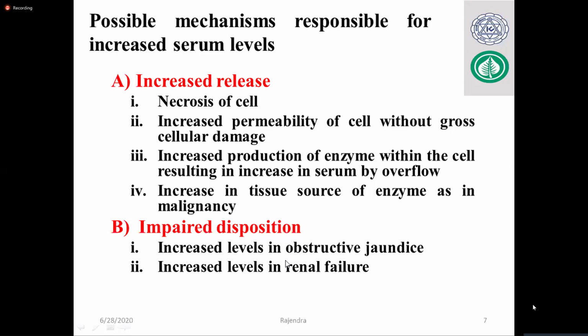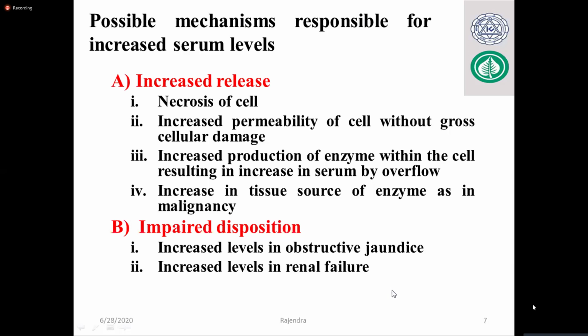Increased level in renal failure. Sometimes, as I said last time, urea is very high when there is kidney failure. That is abnormal accumulation, because the kidney has to filter that urea every day in sufficient amounts, but due to renal failure there is accumulation of urea in the blood, and that urea is very high.